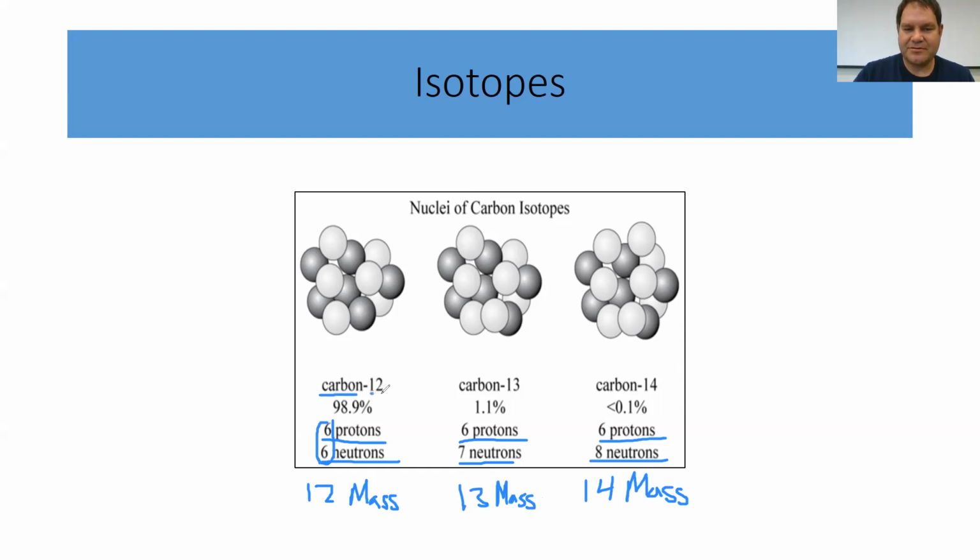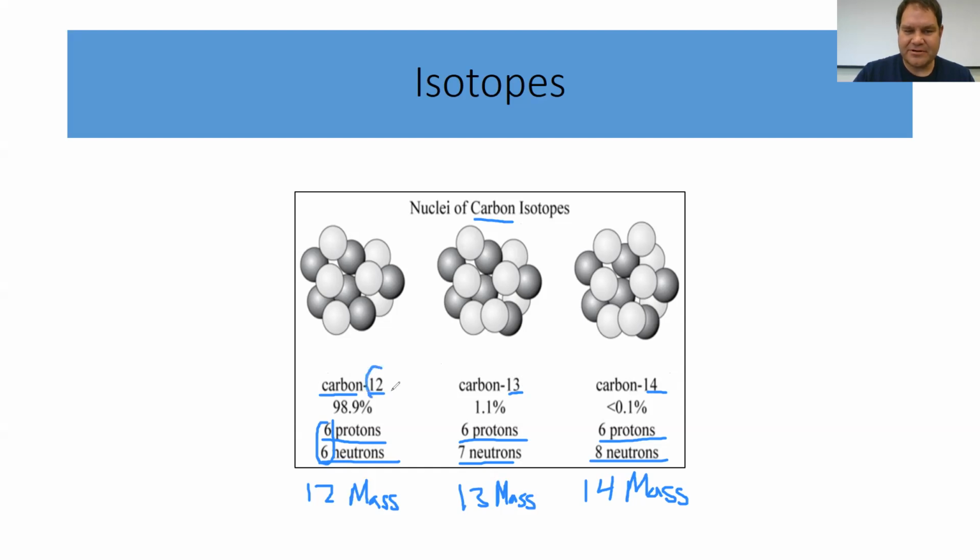That's typical in naming or identifying these particular isotopes. So we have carbon 12, carbon 13, and carbon 14. So the element carbon is made up of 3 different isotopes, carbon 12, 13, and 14.